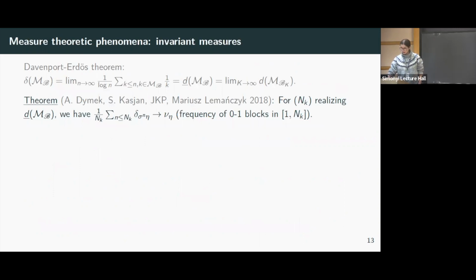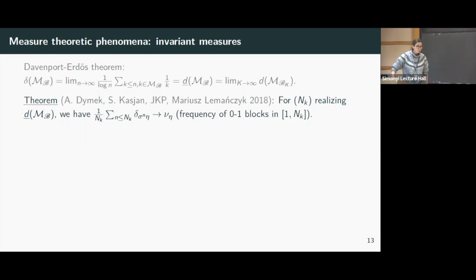All right, so what about invariant measures? Because I told you when I was speaking about Barren sets that I'm missing this tool, so what do we have for non-Barren sets? So the crucial result here is that of Davenport and Erdős.